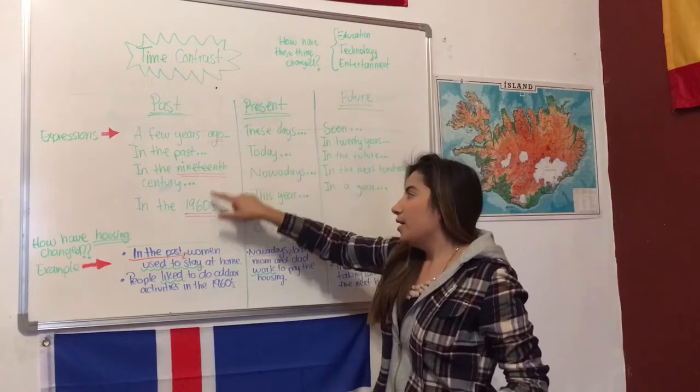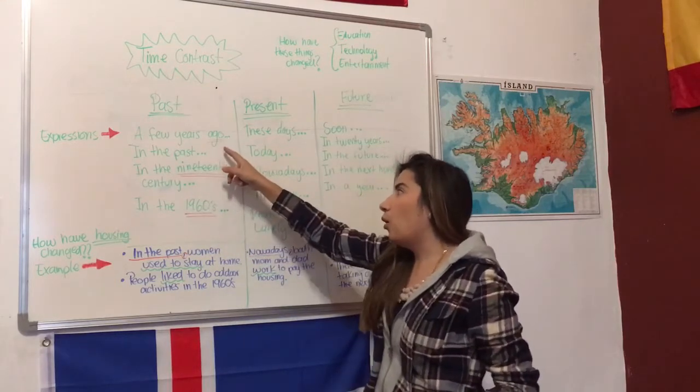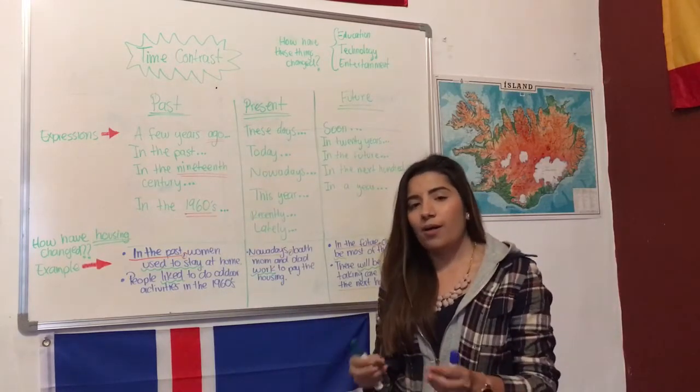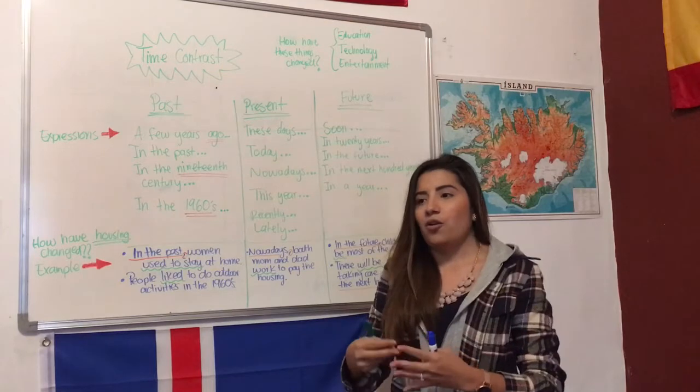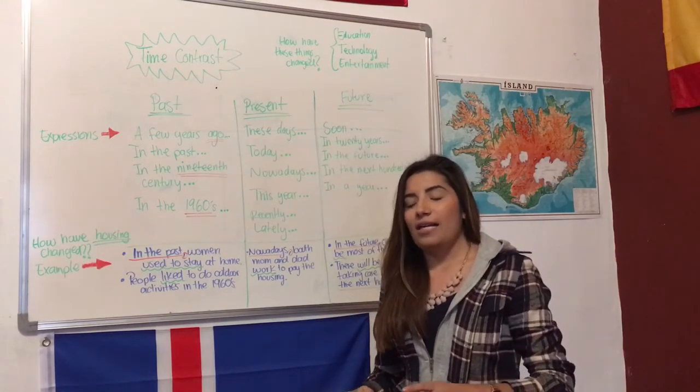I underlined these words here because, for example, a few years ago is an expression that we use to talk about a certain amount of years or months, days, okay, in the past.